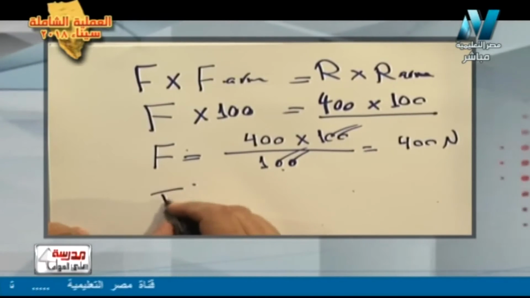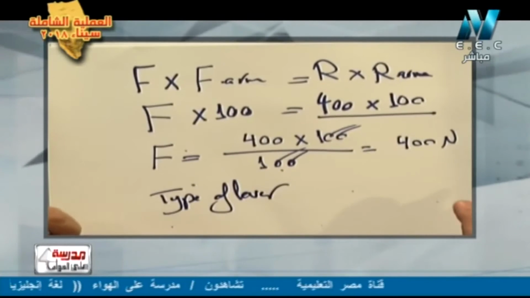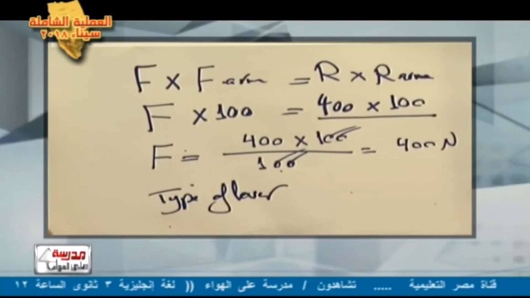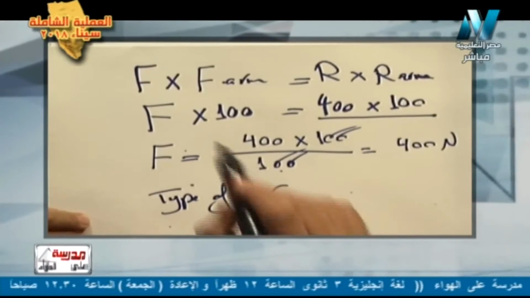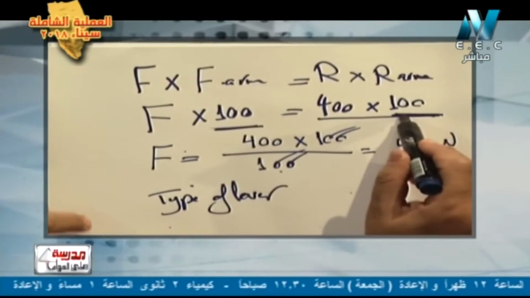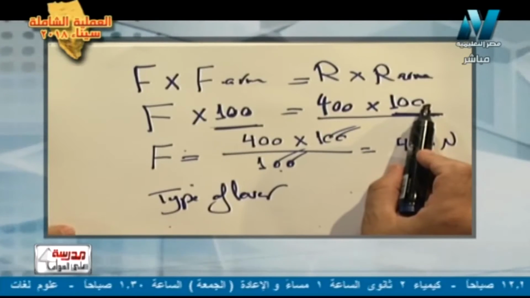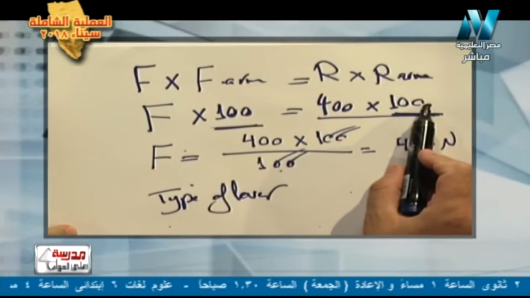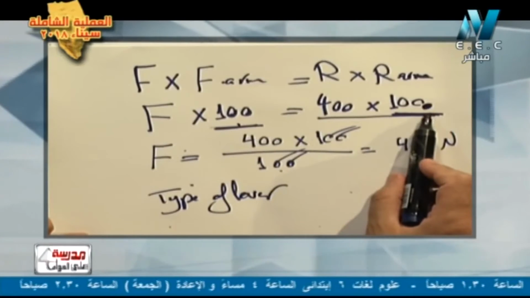So how can I find the type of lever? Here I am asked to find the type of lever. I have 2 important points to know the type of lever. What are they? They are the effort force arm and the resistance arm. If the effort force arm is longer than the resistance arm, surely it will be the second class lever. Here the effort force arm is 100 centimeter and the resistance arm is also 100 centimeter.